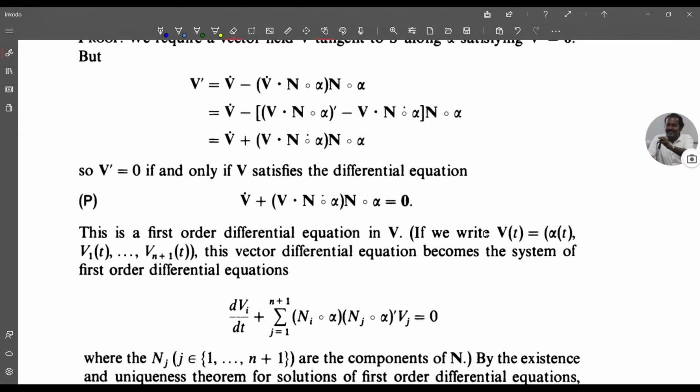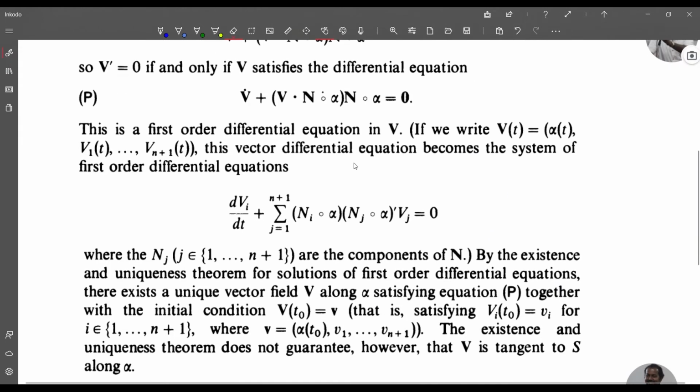If we write V of t as (V1 of t, etc., Vn plus 1 of t), this vector differential equation becomes the system of first order differential equations dVi by dt plus the sum over j equal to 1 to n plus 1 of ni composition alpha into nj composition alpha prime Vj equal to 0, where nj, j belongs to 1, 2, etc., n plus 1, are components of n.